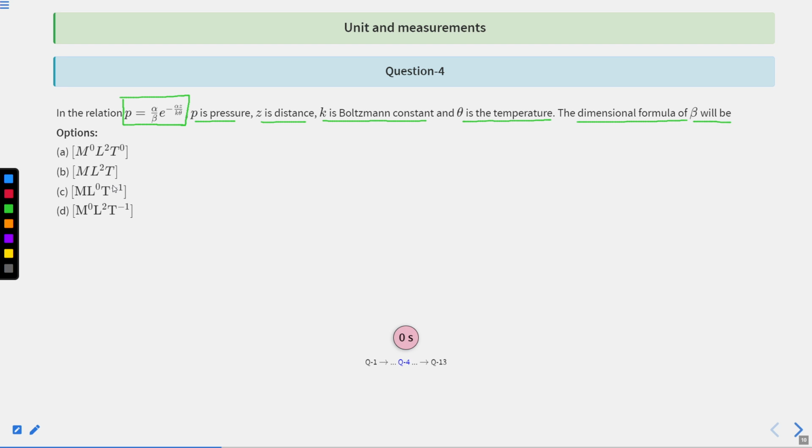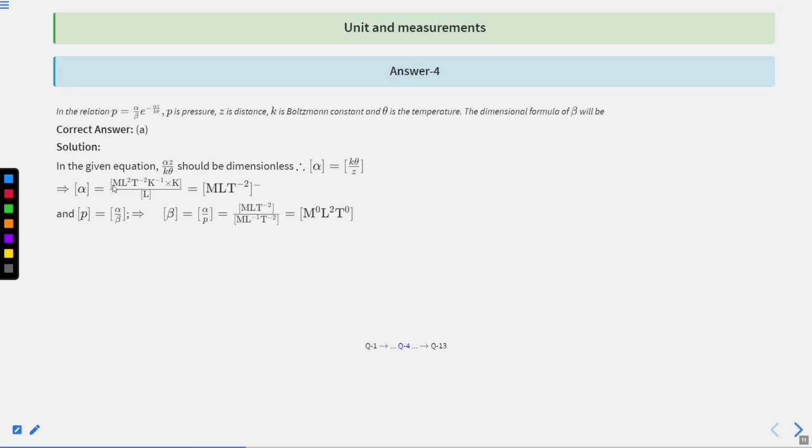Let's find the solution. The relationship is this: P equals this. In the given equation, alpha z divided by k theta should be dimensionless.